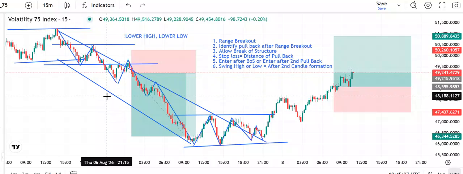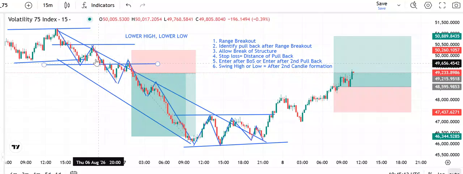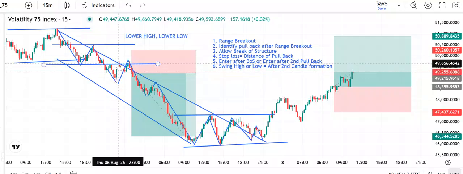Okay. Now your pullback is established by this is a downtrend. You are looking for pullback 1, 2. Close of this 2 is your pullback. This is a swing. This is a top, and price starts to form red candle 1, 2. Close of this second one is your pullback.